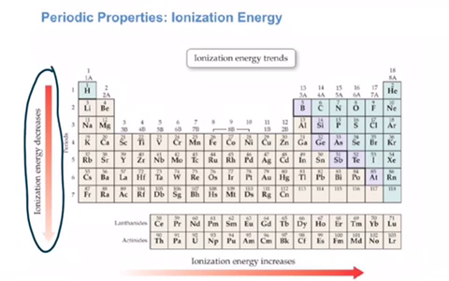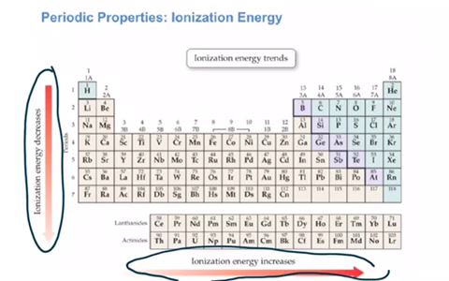What that means is that it takes less energy to remove an outer electron, and we're going to explore the reason behind that. We're going to see why ionization energy decreases. And as you go from left to right along a period, you'll notice it says that ionization energy increases. That means it takes more energy to remove an electron, and we're going to see the reasons behind that.